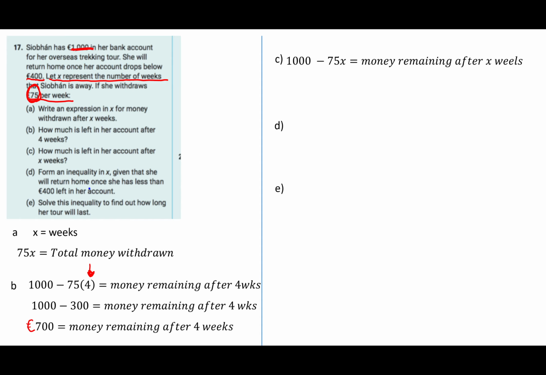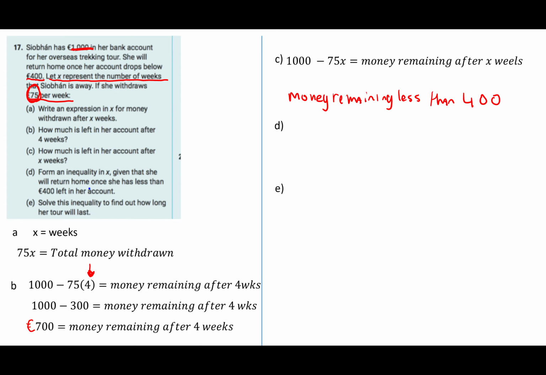Our money remaining is less than 400. So how can we write that as a maths equation?